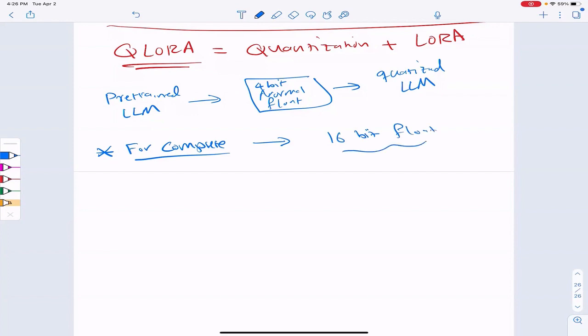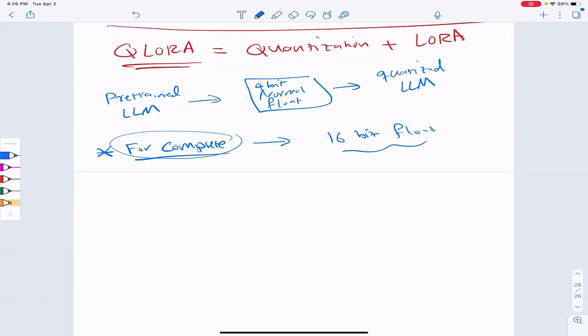On the fly, they use decoders, meaning that they map the codes to real numbers, and they use the 16-bit real numbers in the compute. But the storage is done in 4 bits, and they don't decompress everything, because if they decompress everything, then you don't have any savings.